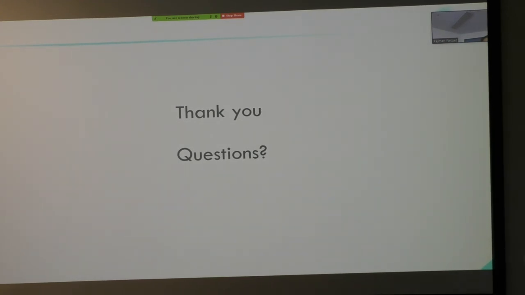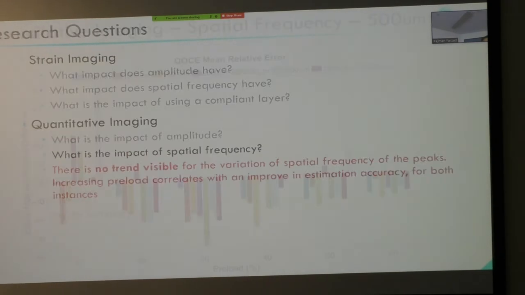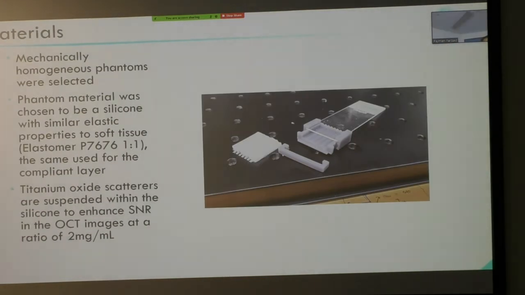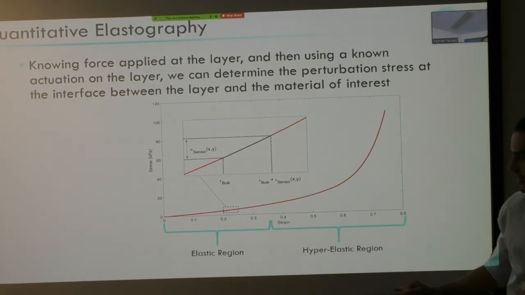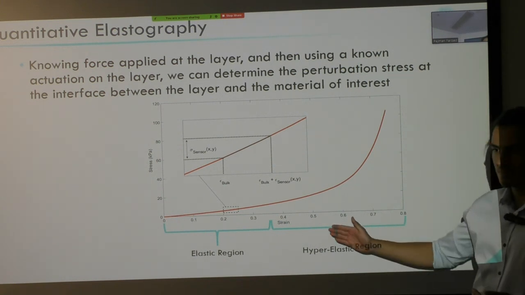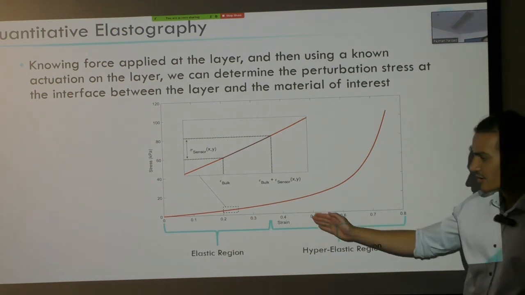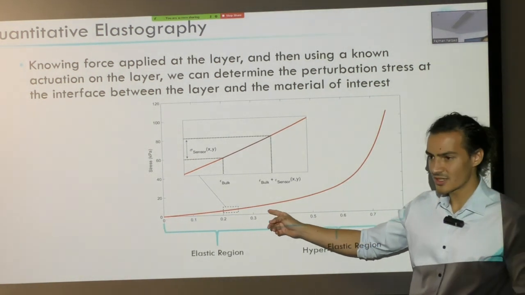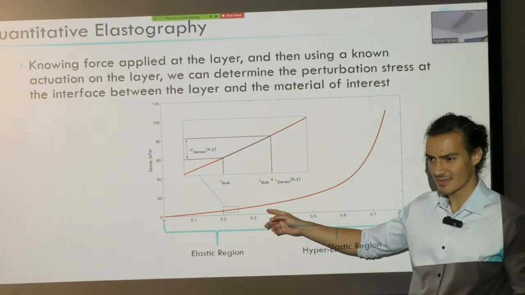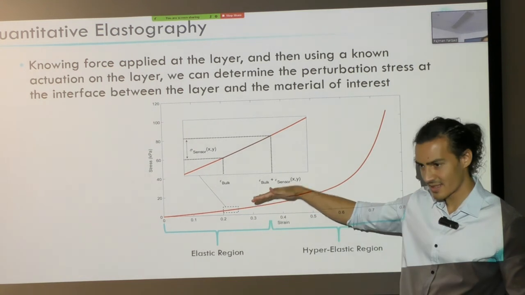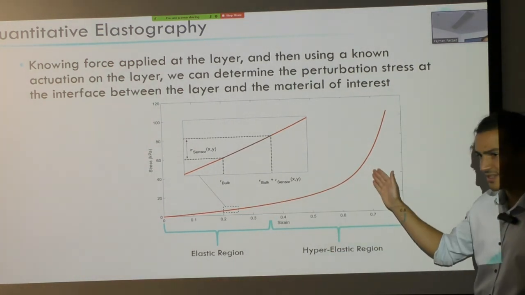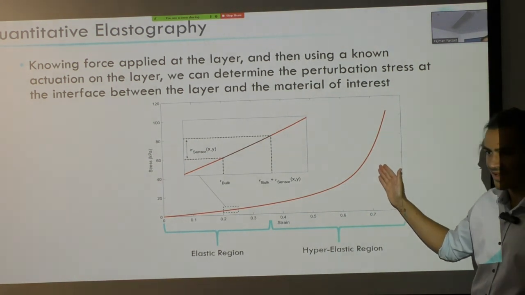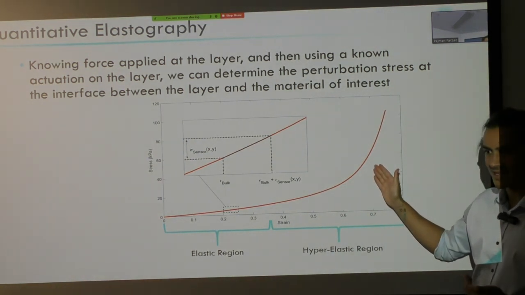Yeah. So that's a dependent question on how much compression we have. If you look back at this slide here, edge detection is what we use as a measure of strain. At really low compressions, the deviation in edge detection accuracy doesn't have nearly as much of an impact, because the Young's modulus, the elastic modulus, is just a tangent here. But as we increase compression beyond a point, edge detection becomes significant.